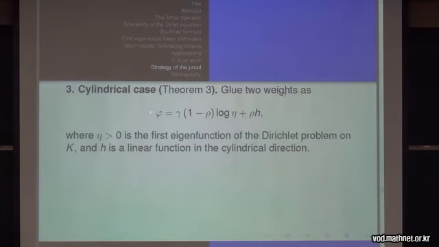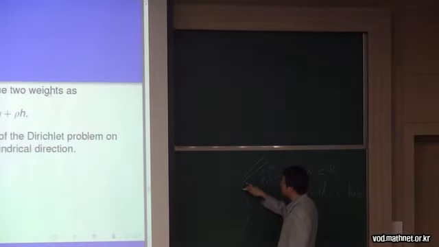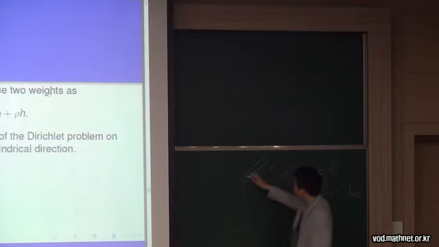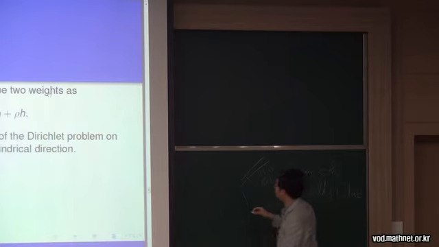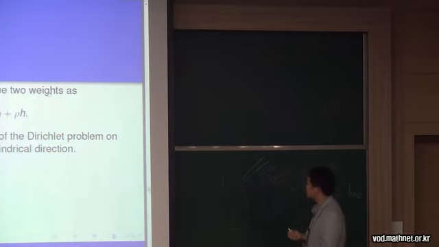To produce the weight function phi, we first solve a Dirichlet boundary problem to get the first eigenfunction. This is a manifold with cylindrical ends, and we first solve the Dirichlet problem in the compact part to produce the function eta. Eta is the first eigenfunction here.